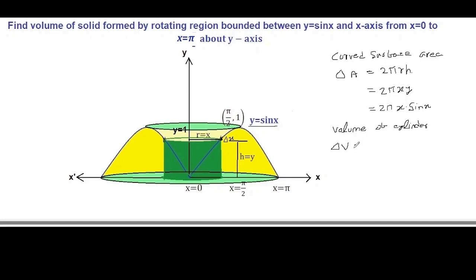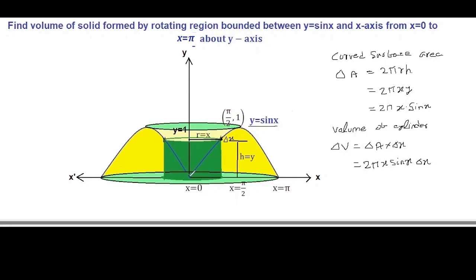delta V is equal to the area, that is delta A, multiplied by the width, that is delta x. So that finally gives us 2 pi x sin x into delta x.